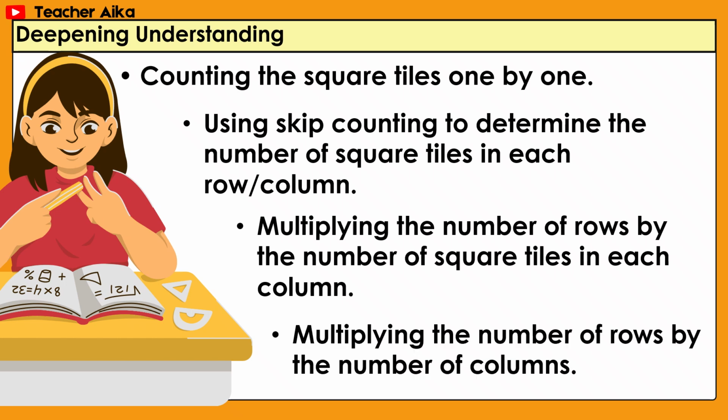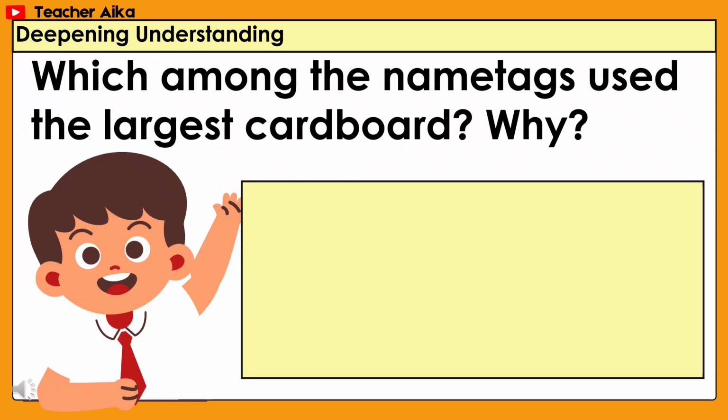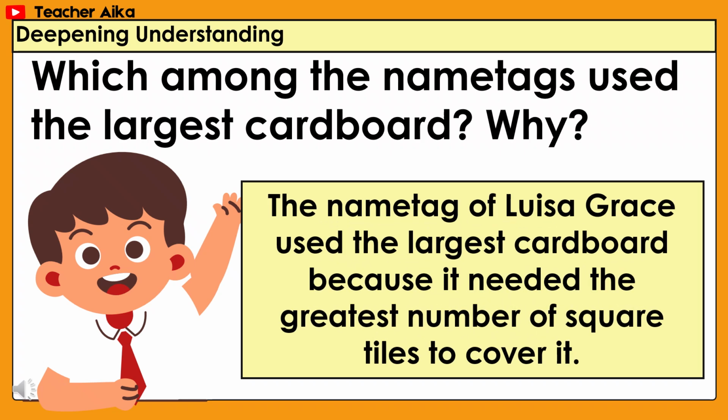And multiplying the number of rows by the number of columns. Which among the name tags used the largest cardboard and why? Answer: the name tag of Luisa Grace used the largest cardboard because it needed the greatest number of square tiles to cover it.